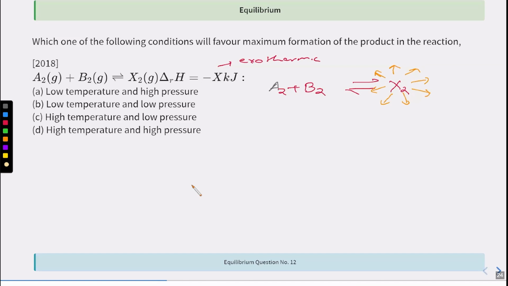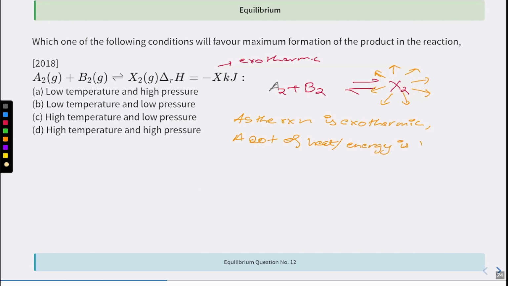As the reaction is exothermic, a lot of heat or energy is released.